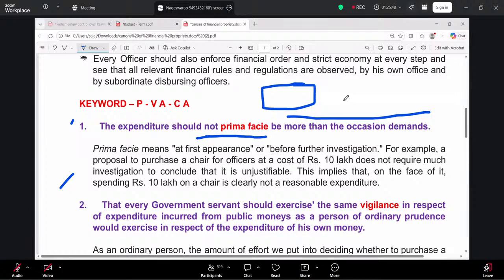At the most 1 lakh maximum cost is required. But if a proposal is received from the station superintendent for a color television with 10 lakhs, will you agree? No. That means prima facie, it should not be more than the occasion demands. That is a minimum rule.